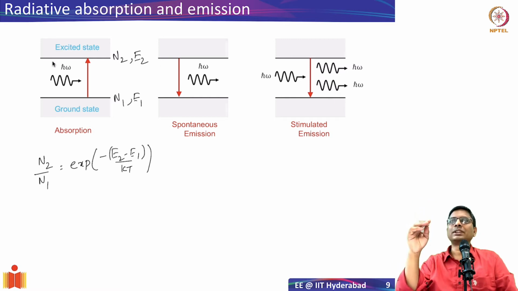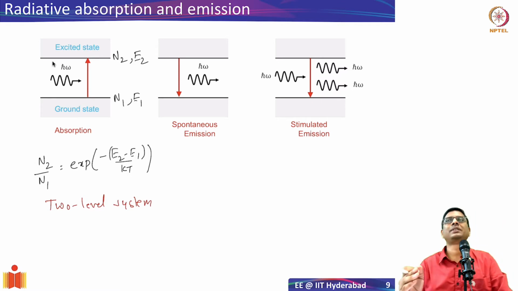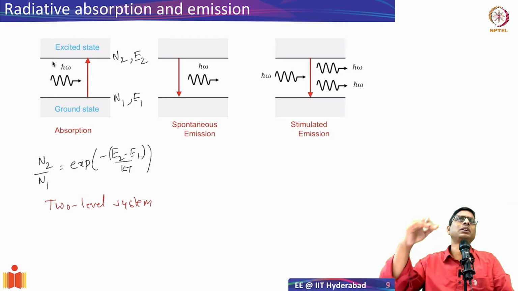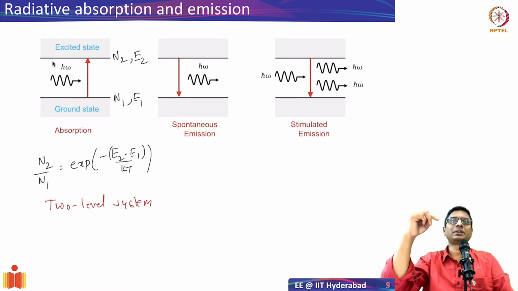The two-level system is an approximation. This is what we will call a two-level system. It by no means means that there are only two levels in the material that we're considering. For example, in a quantum well, there is n equal to 1, 2, 3, and so on. You can have transitions happening between any two states.